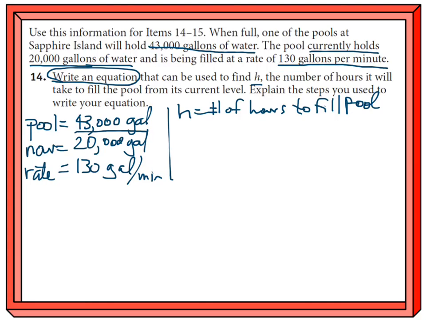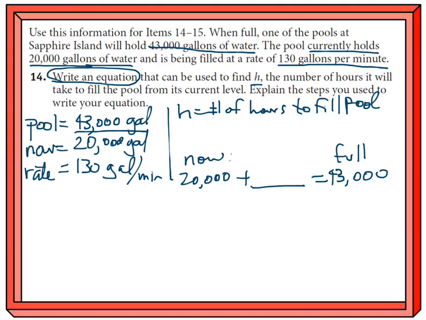So let's start with that we now have 20,000. We're going to have to add something to it in order to get it full, and full being that 43,000 gallons. So whatever we have to fill it is going to depend on these hours here.